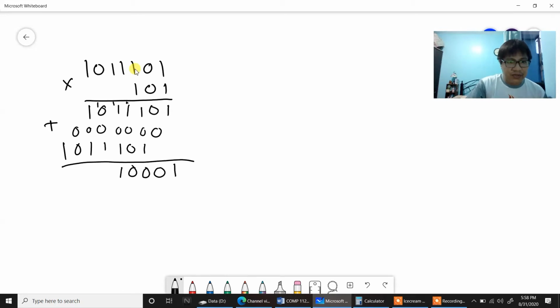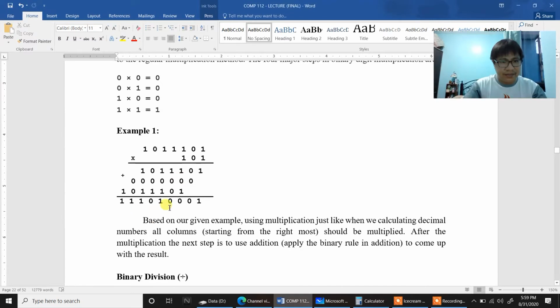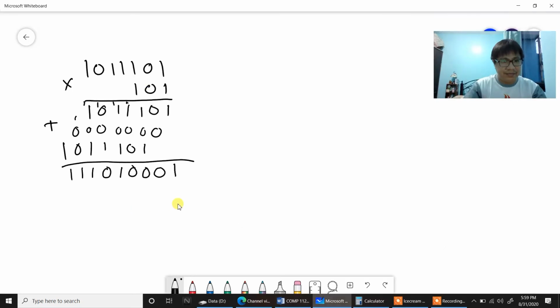Then with three 1s, you bring down 1, carry over 1. Then since all of them are 0, bring down 1, then copy the 1. Okay, same result as our example.